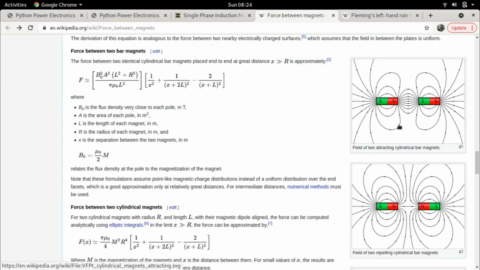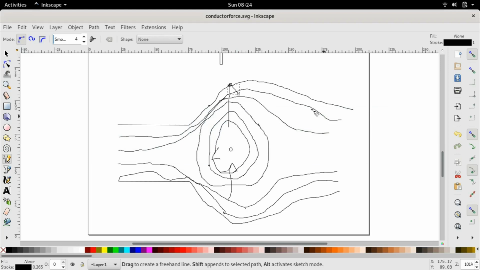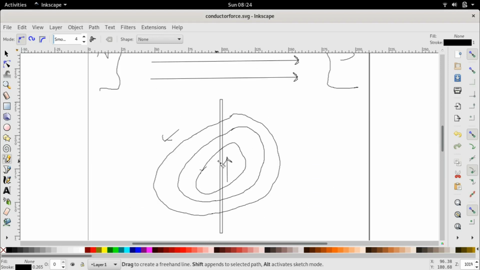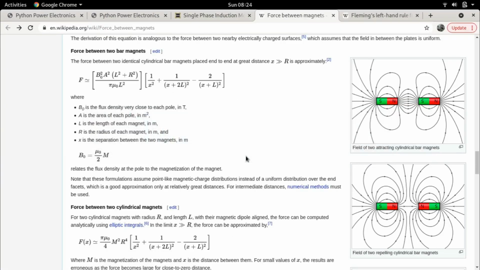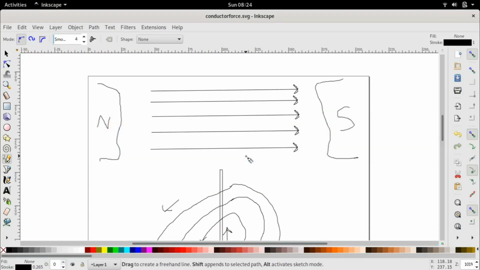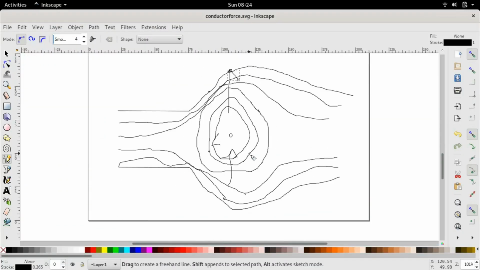Only thing, we have taken these cases and made it slightly more complicated for the case of a current carrying conductor. So the previous case was the case of simple magnets. Here we are talking about electromagnets, right? That's the only difference.